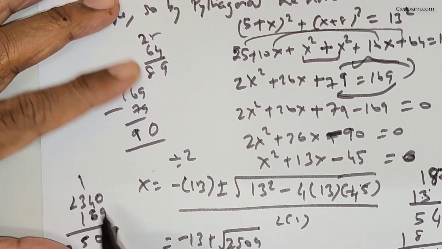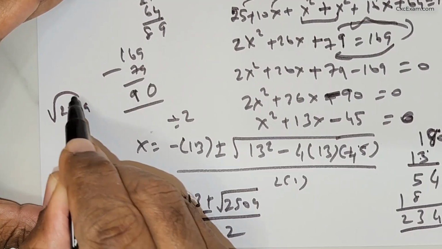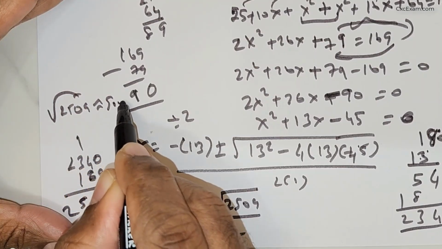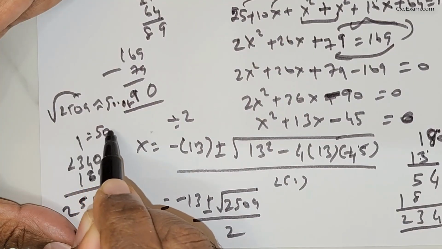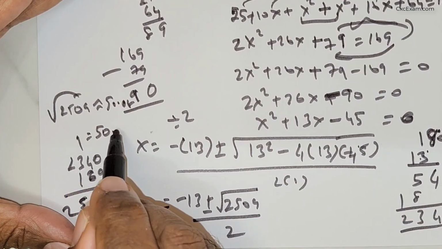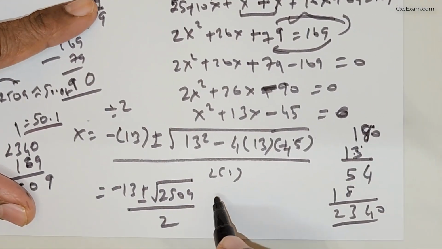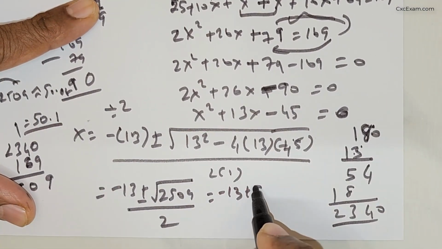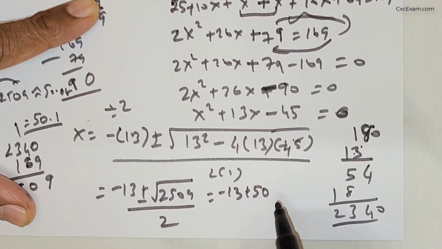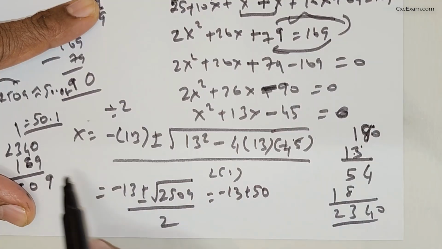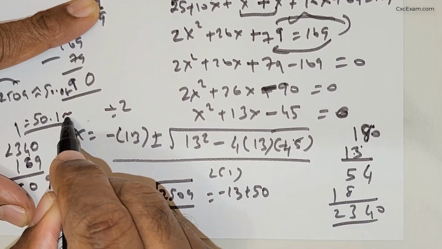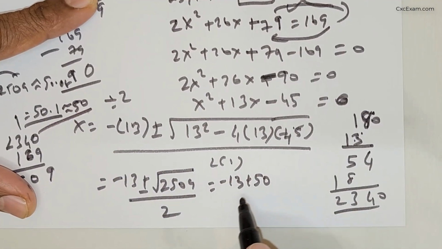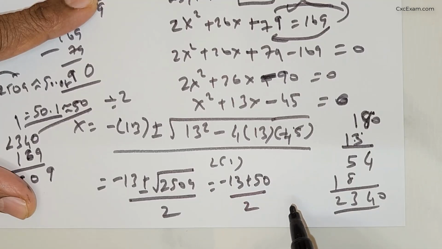Now this value, square root of the discriminant, is approximately 50.08. So I'm going to take an approximate value of 50. So negative 13 plus 50, divided by 2.